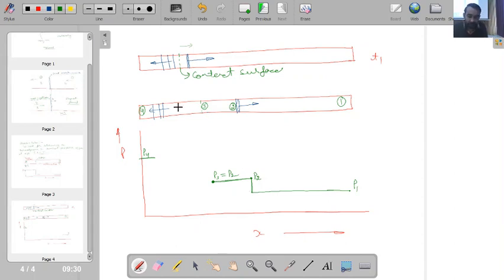But what is happening behind the contact surface? Behind the contact surface in the driving section we will find that expansion waves are there, and these are traveling towards the right.